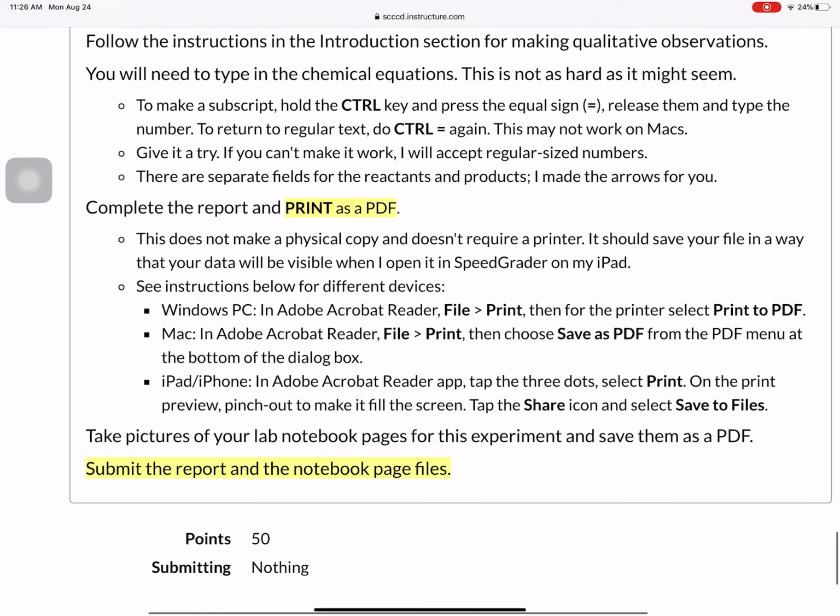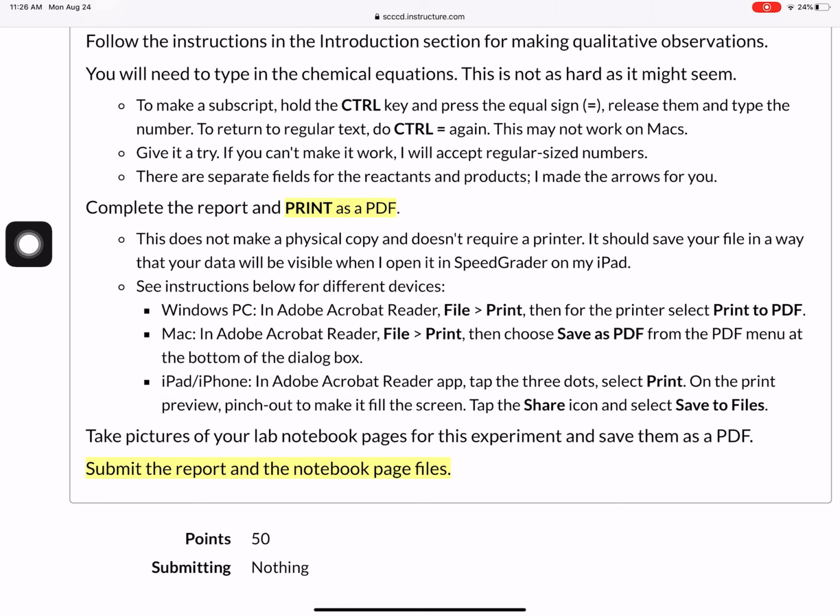Okay, so these fillable PDFs are really awesome, but they also cause some problems because sometimes you submit them, you did everything, it looks fine on your end, and then when I pull it up on my iPad, it looks blank. So I'm trying to give instructions here on how to avoid that.